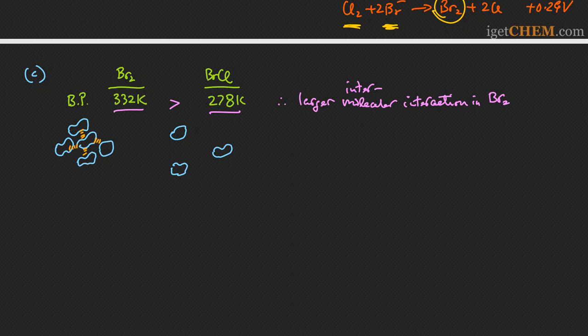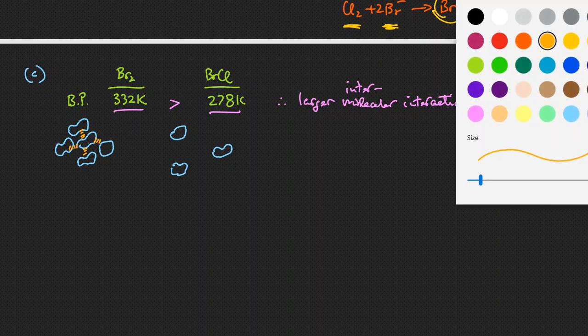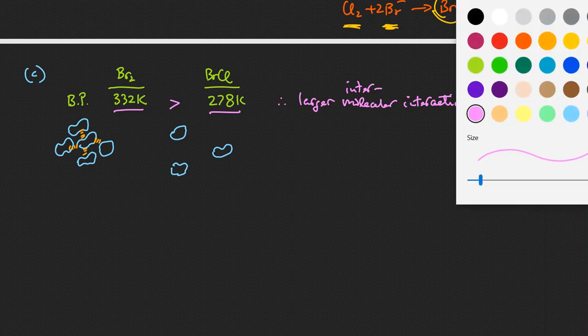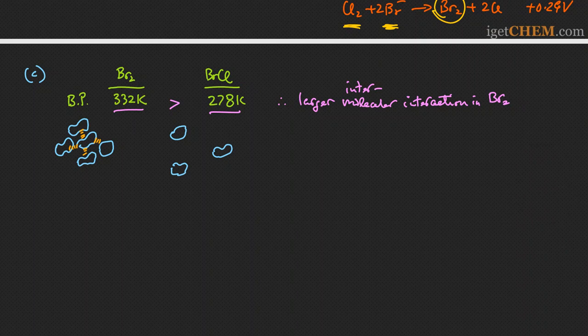So a higher boiling point means that there is a larger amount of intermolecular force in the liquid state for Br2 compared to BrCl. And so the question is, why is that the case? Well, if you look at that, you can understand that Br2 has no dipole moment.